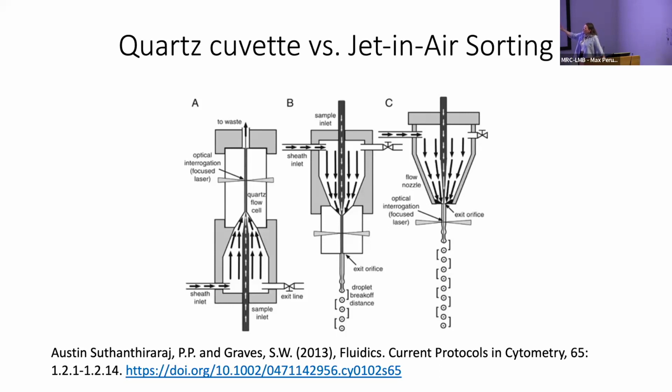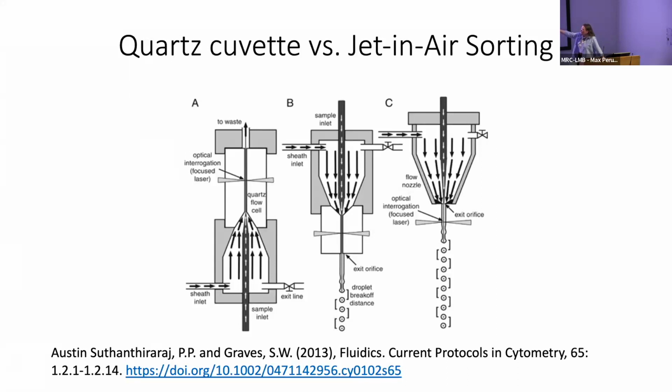B and C represent two different types of cell sorting technology. They're pretty much the same, but this is basically the fundamental difference. In B, you have the sample inlet, so it's coming down, it's pressurized, the cells are hydrodynamically focused, and it will hit the interrogation point or the laser beam, and then it will exit out of the nozzle below.